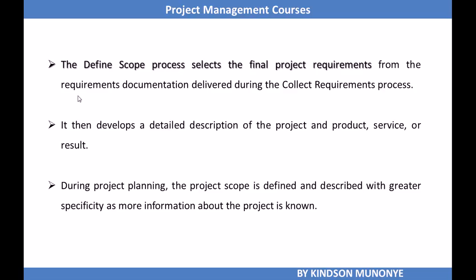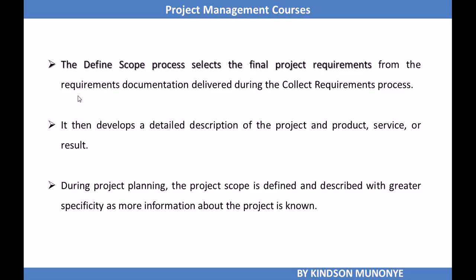Now, not all these requirements will be used as part of the scope of the project. These requirements have to be filtered, and the ones that will actually be part of the scope of the project are selected, and that is what forms the scope.